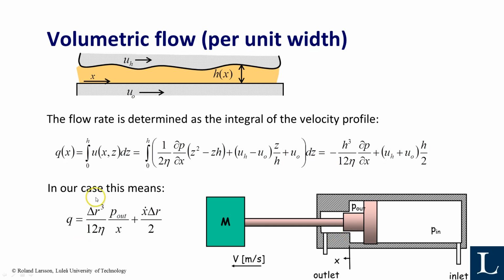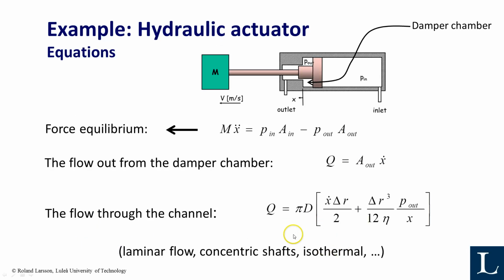So the Q now will be something like this, and putting it into our equations, and also remembering that this was the flow per unit width, and knowing that the circumference of the film is pi multiplied by the diameter of this part of the system, then the Q through the gap here is defined by this one.